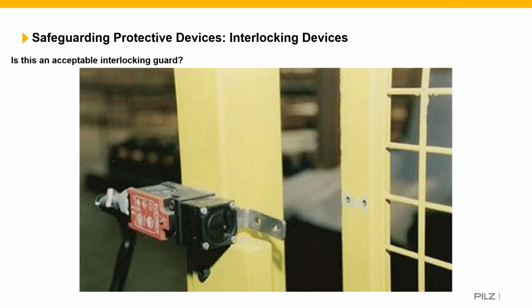They've either been taken out and deliberately removed to bypass, or they've come loose over the life of the machine. We've got potentially fault masking. We've got a single point of failure on the actuator itself, so maximum PLc. How long has it been in service for? It may have reached the end of its life, its mission time. So there's lots of things to look at and to take into effect.